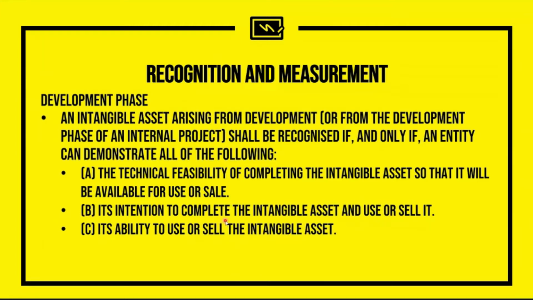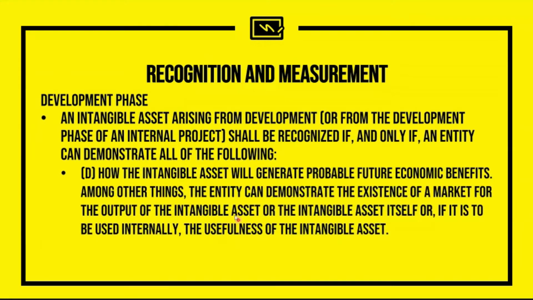So, letter B is the intention to complete. Letter C is the ability to use or sell. Letter D is to establish how the intangible asset will generate probable economic benefit. Basically, you need to prove that this is the practical use, this is how we are going to generate cash flows, these are the activities by which we can benefit from that particular intangible asset, so on and so forth.